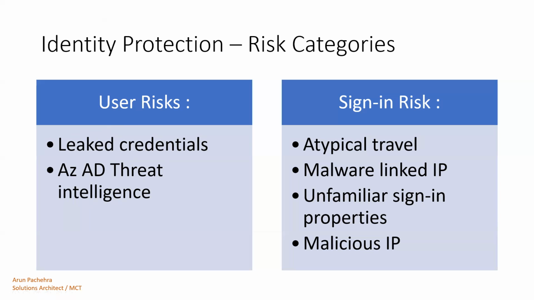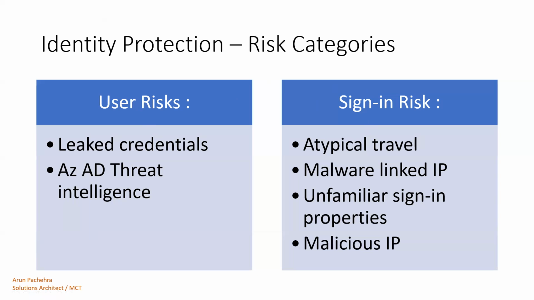All right. Now, if we talk about sign-in risk, user risk and sign-in risk, two categories. Sign-in risk represents the likelihood that a given sign-in request is coming from someone else rather than the legitimate user. And what was the user risk? The user account has been compromised.